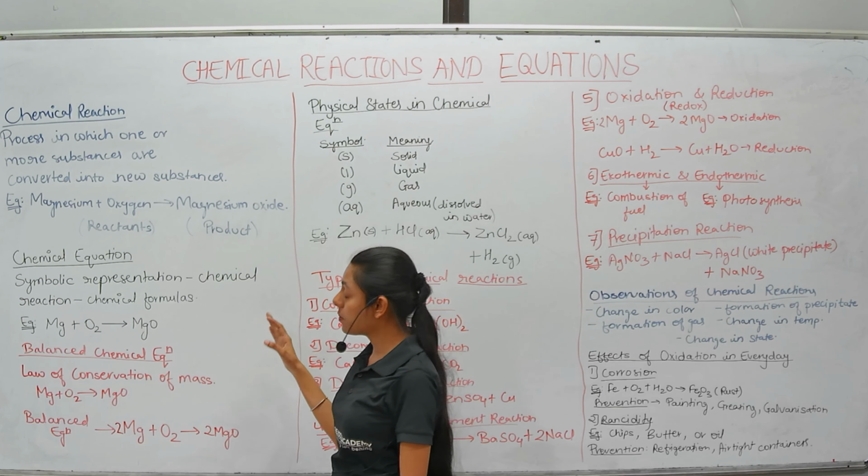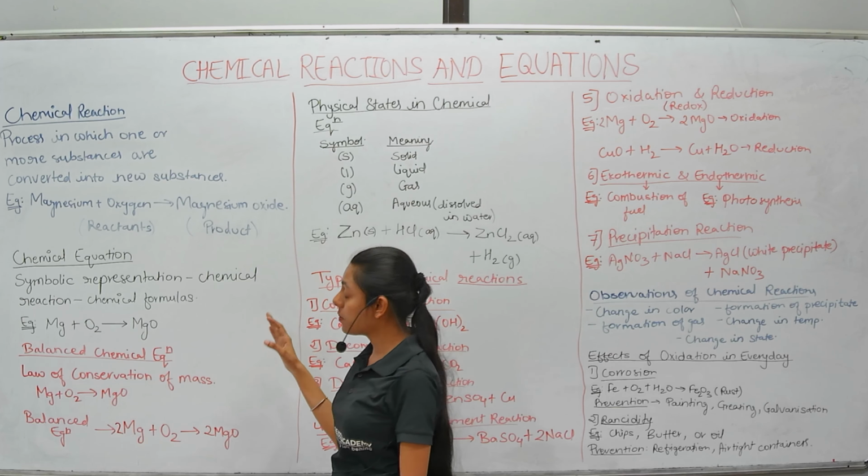Now when we write the equation, we'll also have to add the physical states. Physical states tell us the form of the particular element or compound we are using. We use some symbols for the type of physical state: S is given for the solid state, L for the liquid state, G for the gaseous state, and AQ for the aqueous state, meaning the chemical is dissolved in water.